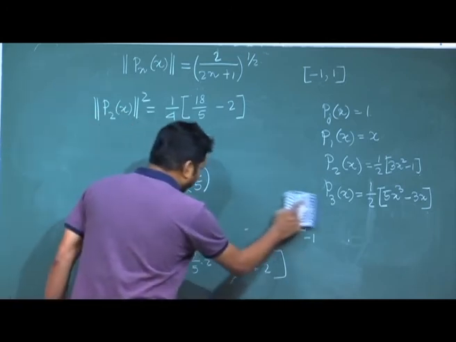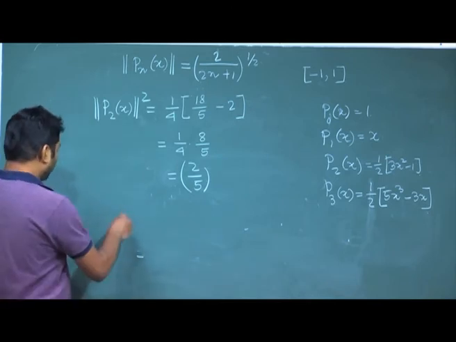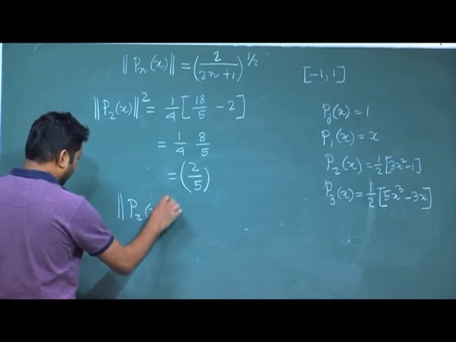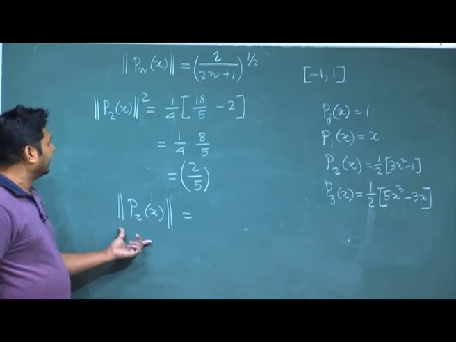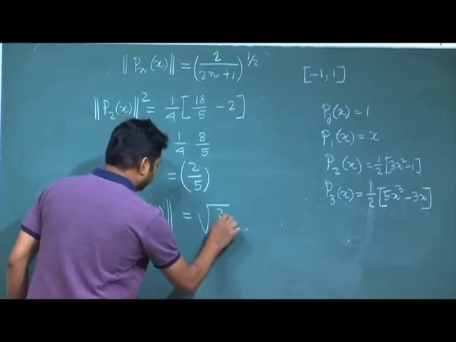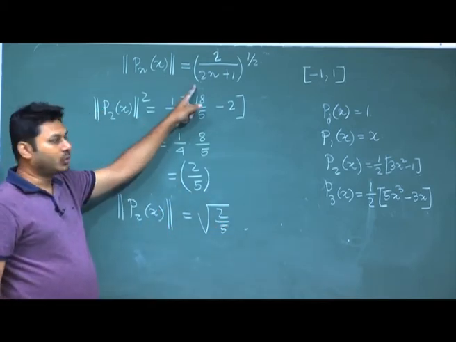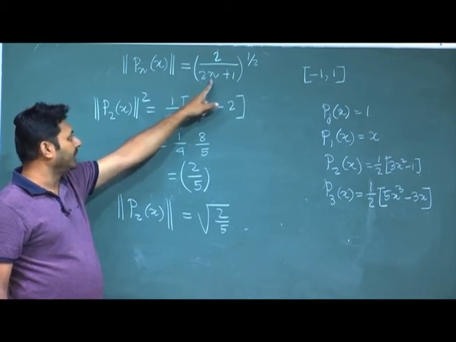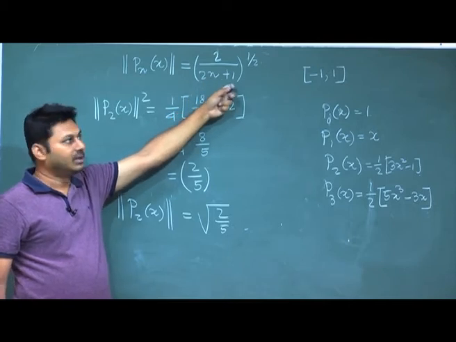So, this 2 divided by 5 is the value of the norm square of P2. So, the norm of P2 is nothing but the root over of this quantity, and the formula that I wrote here, 2 divided by 2n plus 1. If I put n equal to 2 here, then it will be 2 into 2 is 4 plus 1, 5, so root over of 2 by 5.